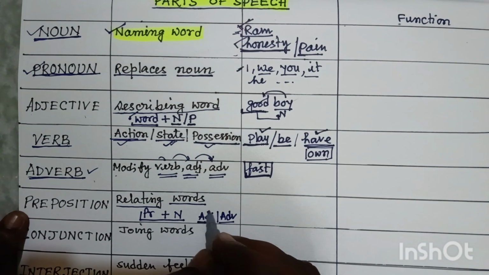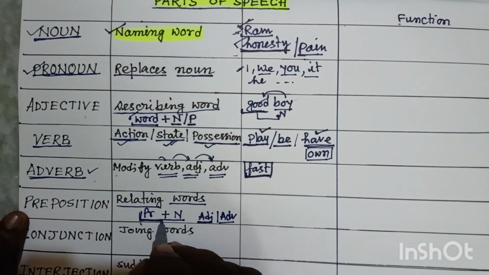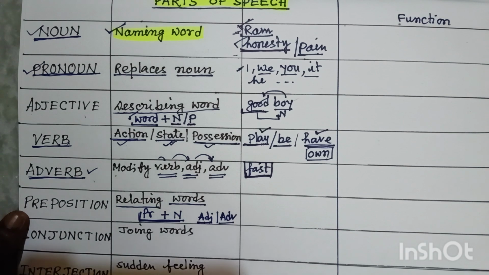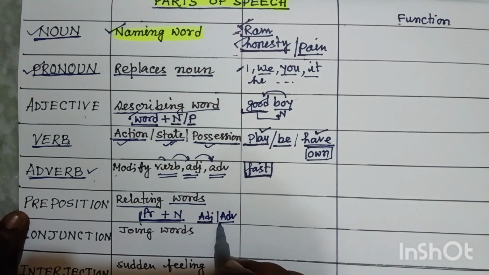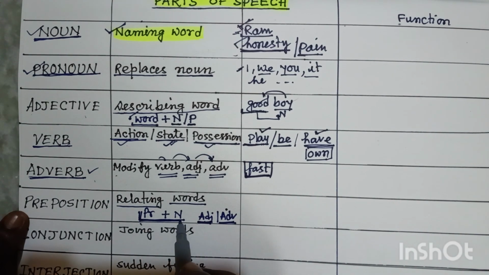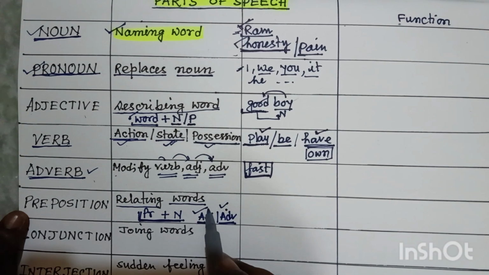If it acts as adjective, obviously this prepositional phrase will say something about a noun which is used earlier in the sentence. If it acts like an adverb, obviously it will say something about a verb or adjective or other adverb in the sentence. In this way they form a prepositional phrase, and after that they work as adjective or adverb, and they relate with the other words used in the sentence.